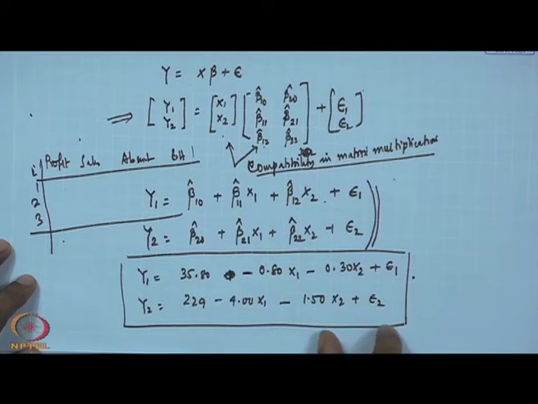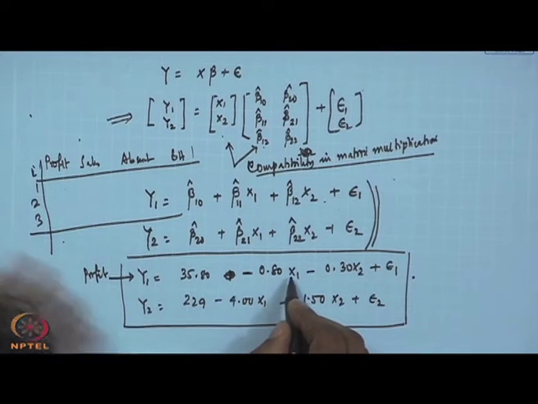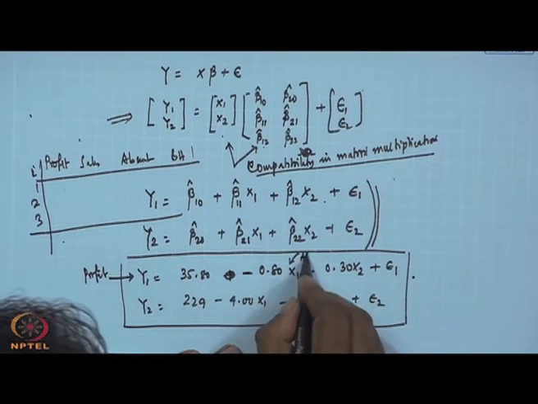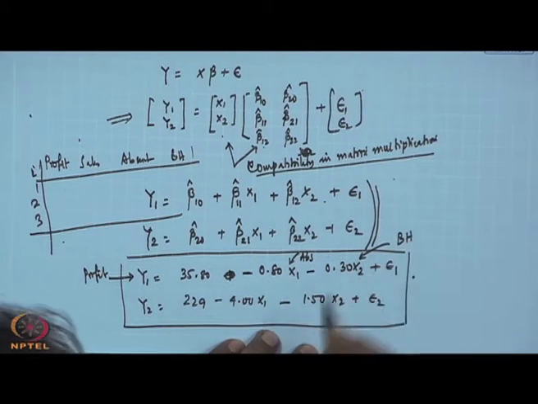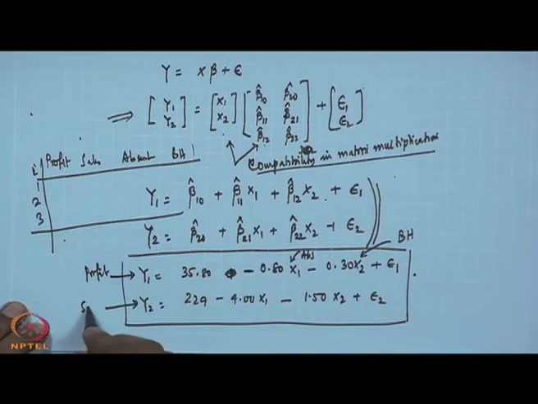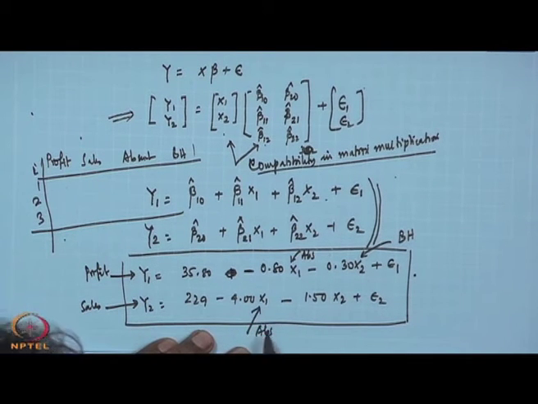There will be a lot of problems with a small data set, I will show you. So y1 is profit, x1 is absenteeism, x2 is breakdown hours, y2 is sales, and again absenteeism and breakdown hours.